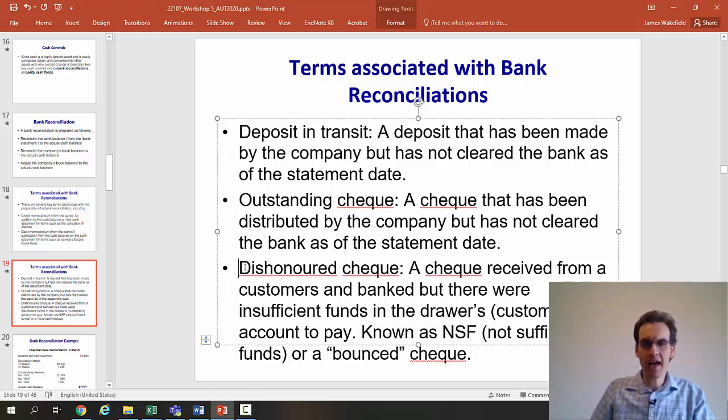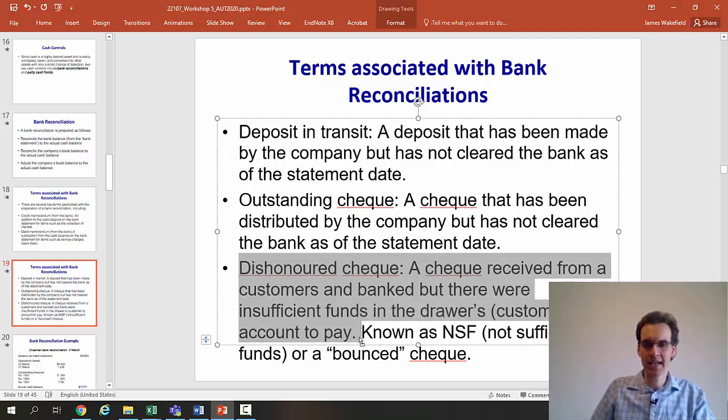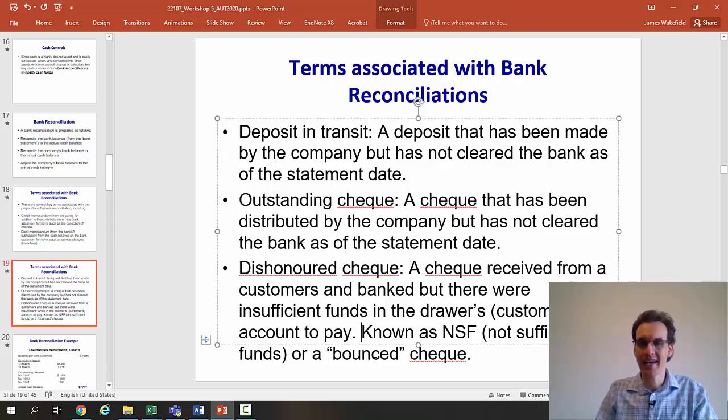We also have the last one here, which is a dishonored check. And as a business owner, we really hate these types of things because it basically means someone has given us a check. We have given it to our bank. The bank has attempted to clear it and transfer the money to our account. However, when they attempted to clear it, they discovered that the person that wrote the check doesn't have sufficient funds to cover it.